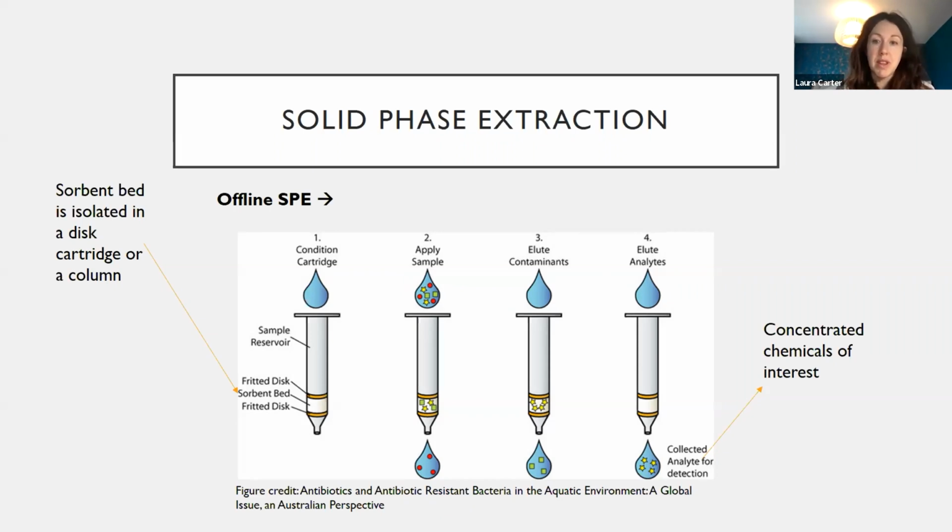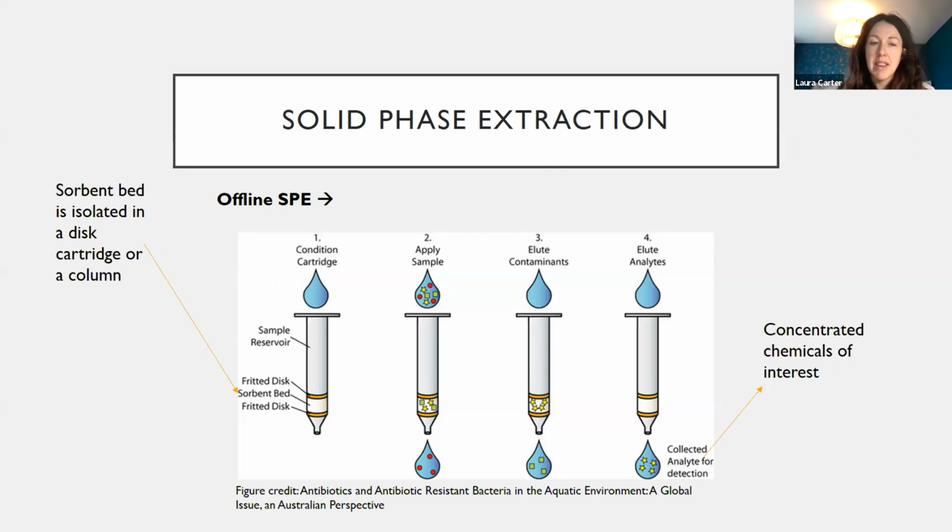So that is your water sample that's collected from the river. What you want is your sample to come through the cartridge and the chemicals to be retained on the solid phase. And then you would elute these chemicals of interest with a solvent. The sorbent that retains your pharmaceutical, your chemical, is encased within this barrel syringe.